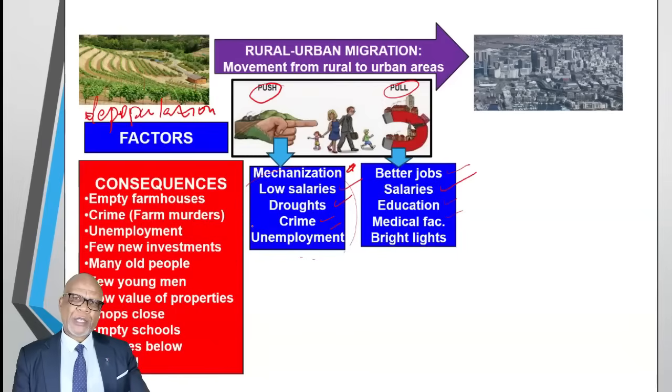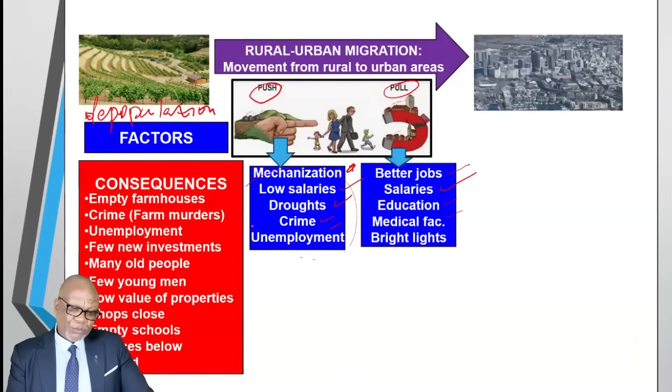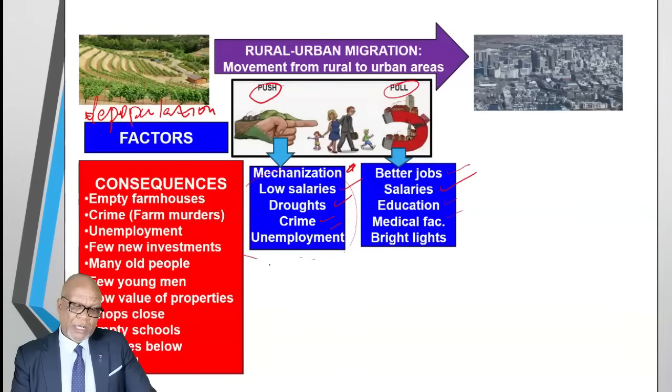Now you see there is going to be a rippling effect. People are going to move out, and it's going to result in unemployment. Once investors see that most of the skillful people have moved out, they will not invest there. So there's going to be little investment in rural areas. Many old people will remain behind because they are on pension.